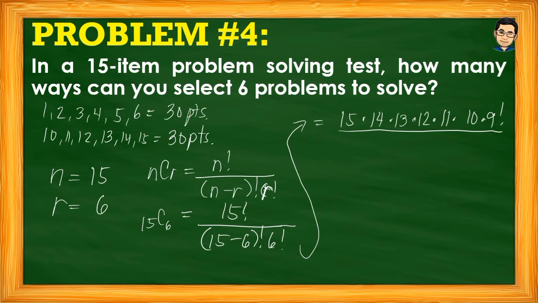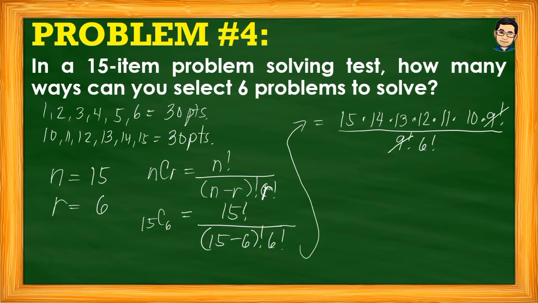So 15 minus 6 kasi is 9 factorial, and then times 6 factorial. Now, cancel natin yung 9 factorial, and then 6 factorial is 720.